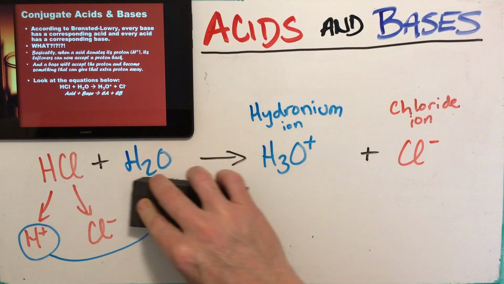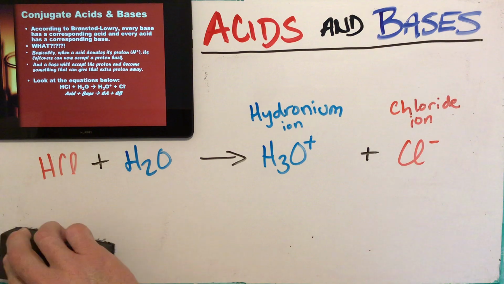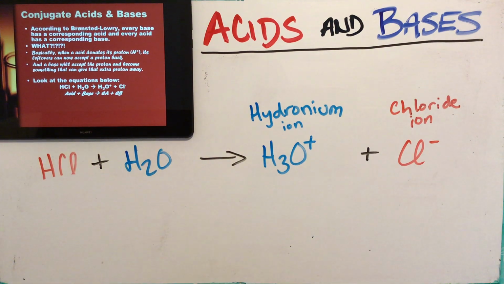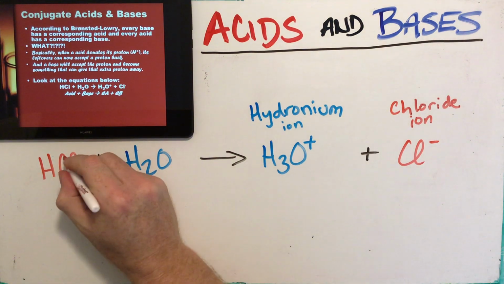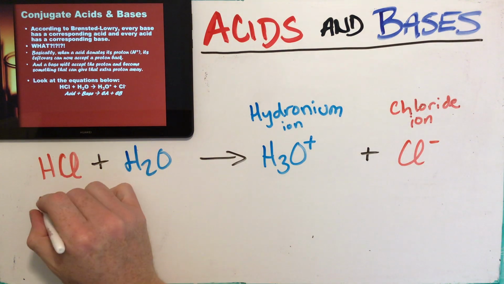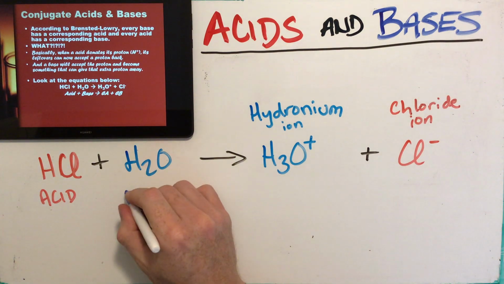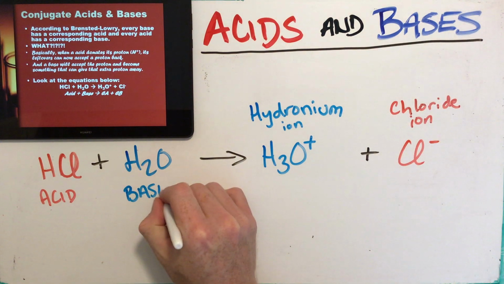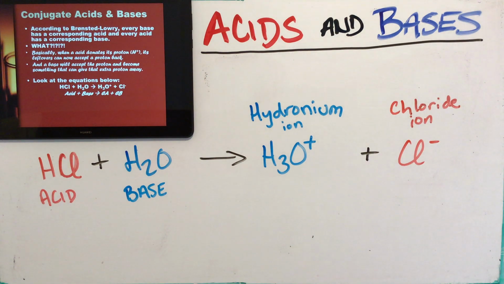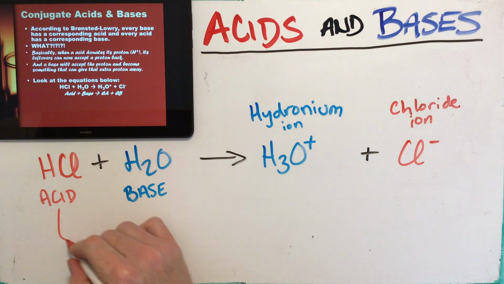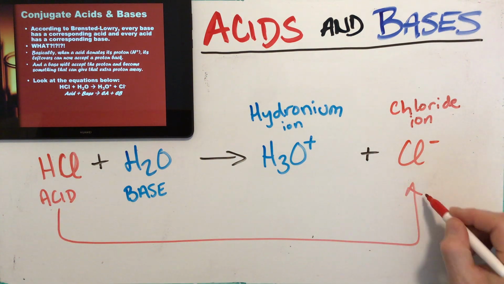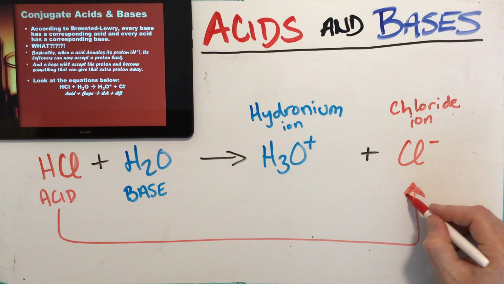And I'll underline them here. So in this, oh, I erased half of my acid here. There's my acid, right? This is my base. The acid, its leftovers are right here.